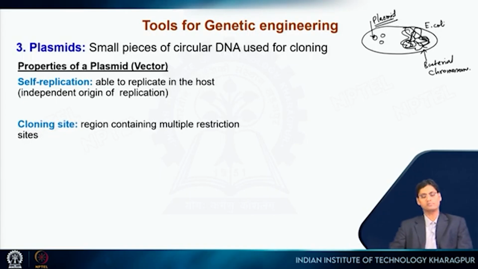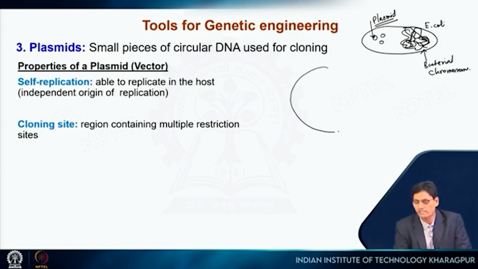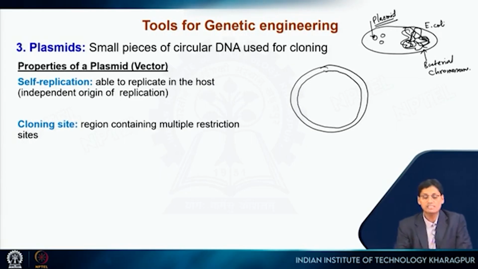Now, the cloning site, the region containing multiple restriction sites. So a suitable vector, say for example, this is a vector, this is a plasmid, right? First thing we mention is that it should have its own origin of replication. This is called the ORI site, origin of replication, so that it can replicate, independent of chromosome replication. I already mentioned that. And now I am saying the cloning site.